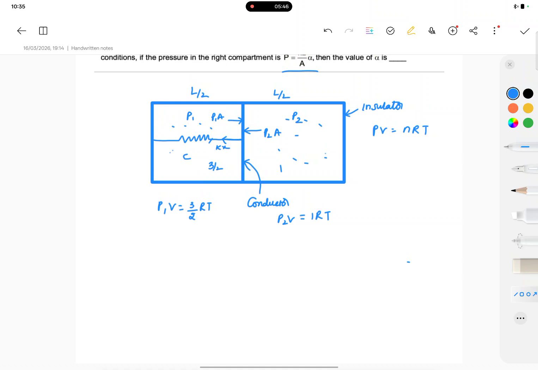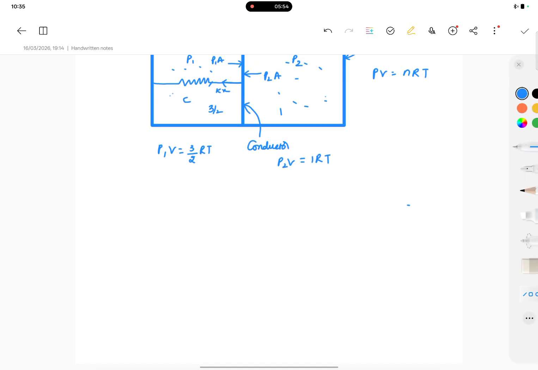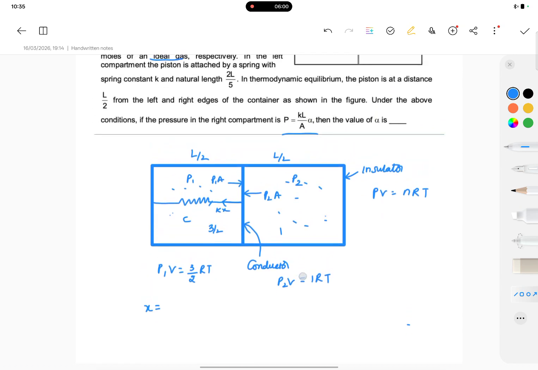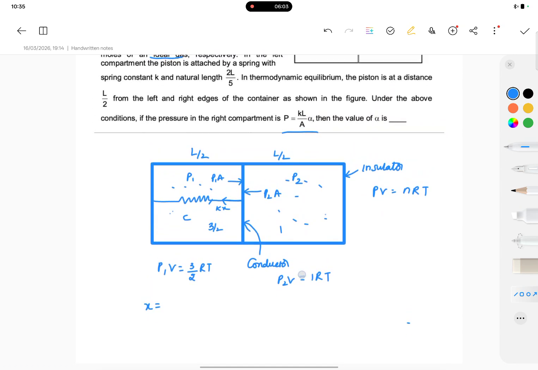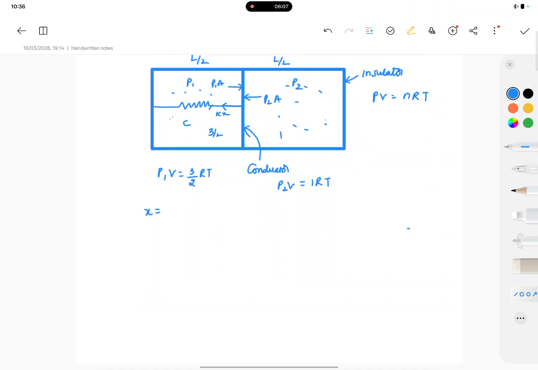It may be anything, but here it is absolutely expansion. So how will you find the x value? x equals, here what is the natural length? 2 by 5 L, which means 0.4 L. 0.5 L minus 0.4 L, that is 0.1 L.